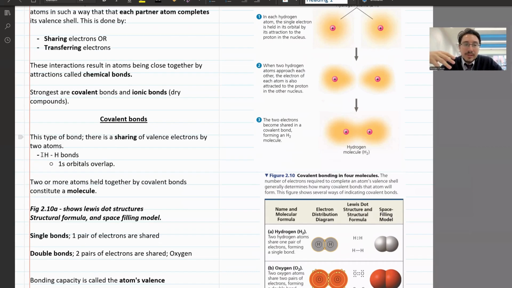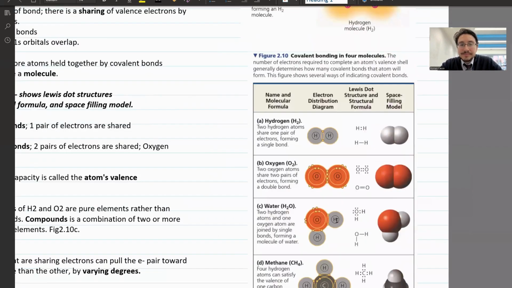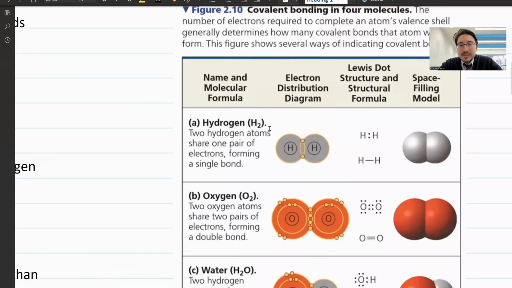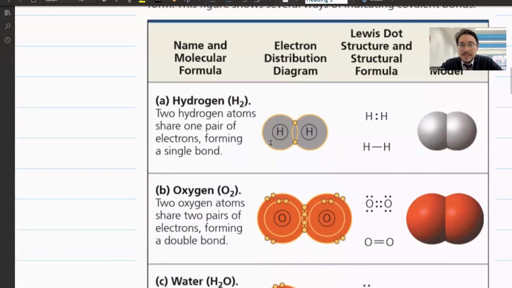For example, hydrogen and hydrogen bonding. Remember, they have a 1s orbital. Since one hydrogen atom has one electron and the other one has one electron, and remember, for the first shell you can hold only two electrons max, in order to fill that electron shell, they share their electrons with each other.